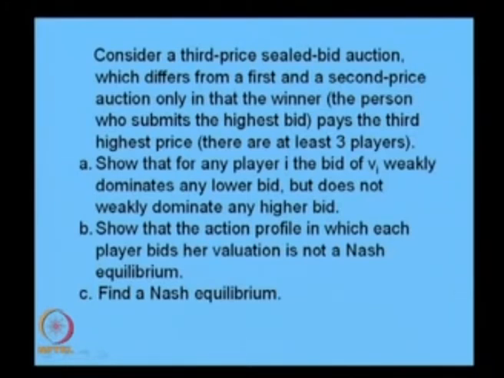There are at least 3 players. Now, the things that we have to answer are the following. One, show that for any player i, the bid v_i weakly dominates any lower bid, but does not weakly dominate any higher bid. Secondly, show that the action profile in which each player bids his valuation is not a Nash equilibrium. And thirdly, find a Nash equilibrium.